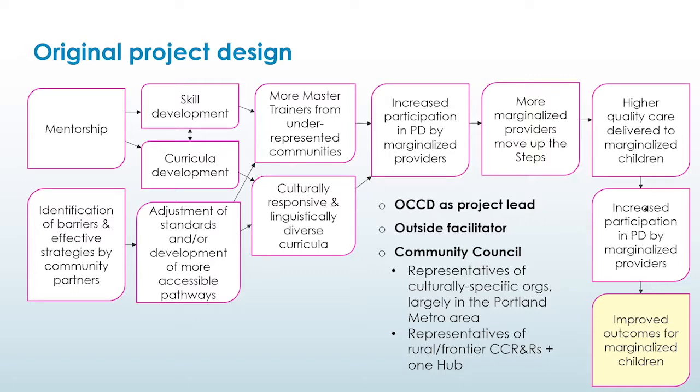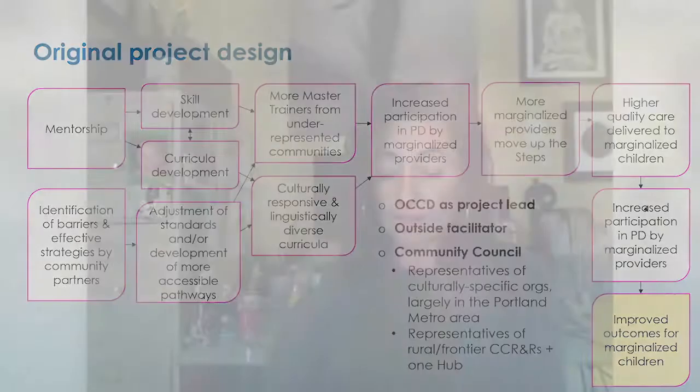A second, less clearly articulated goal at the outset was to examine the current system requirements and think about making recommendations for changes that would increase accessibility to underrepresented trainers. A key part of the design was also the recruitment and creation of the Community Council.